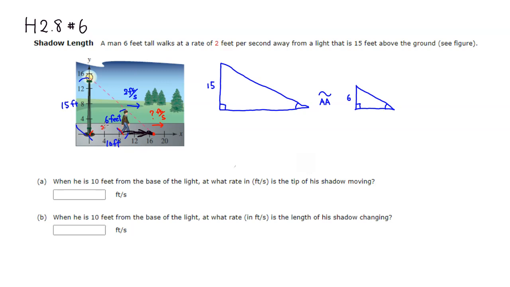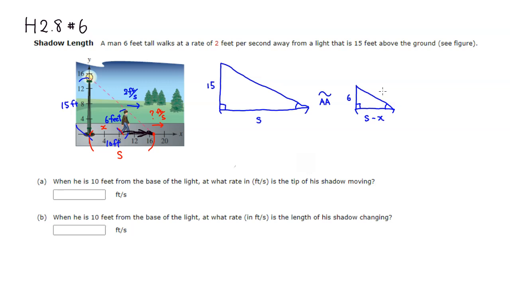Since we are also looking at the tip of the shadow, I'm going to call the distance between the tip of the shadow and the base of the street light s. The difference between s and x is the length of the shadow, so the length of the shadow is s minus x.